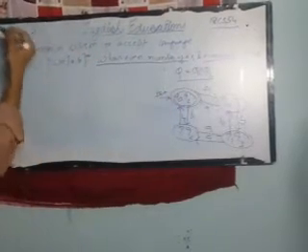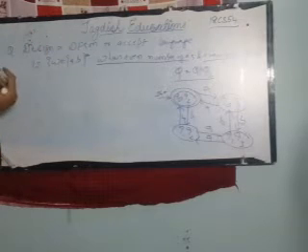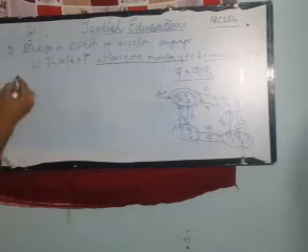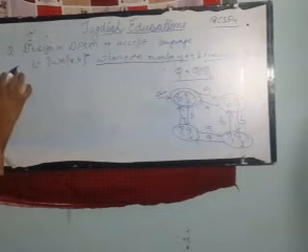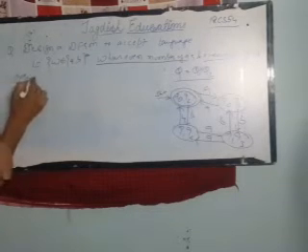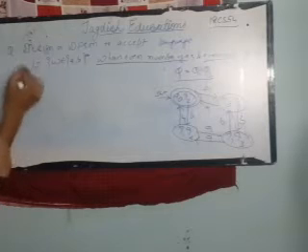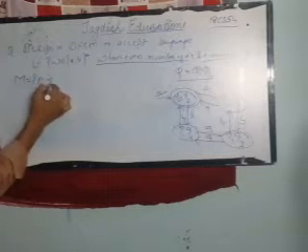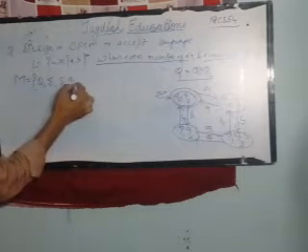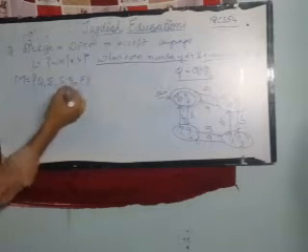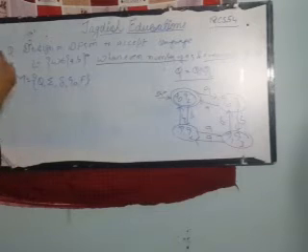We know the definition of a DFSM. It has 5 tuples. What are those 5 tuples? M = (Q, Σ, δ, q0, F). Now write our values.